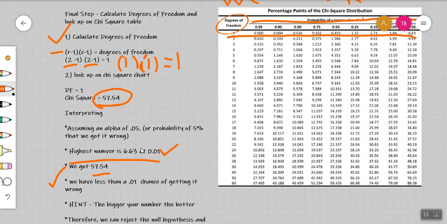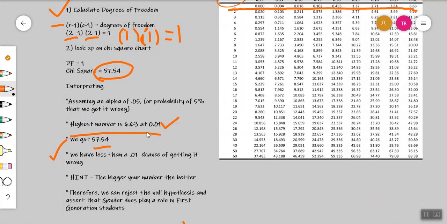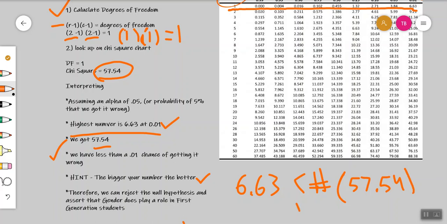And just a hint here at the bottom, the bigger your number, the better, like I said in the very beginning. So the minimum number you need in this case, you want to ask yourself, at 6.63, is the number I got greater than 6.63? And our number in this case was 57.54, which is indeed greater than.